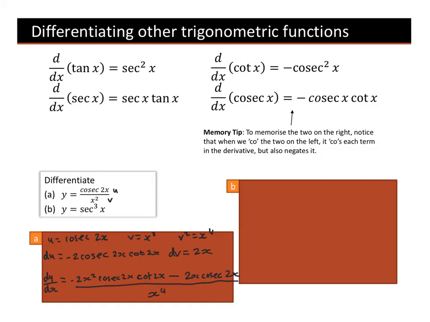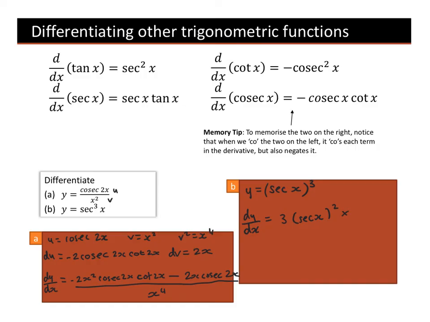Part B, sec cubed x. This is chain rule now. So y equals sec x, all cubed. When we differentiate this, we have a bracket, so we differentiate the bracket. Something to the power of 3 becomes 3 something squared, so 3 sec squared x. And then we multiply that by the differential of what's inside the bracket.